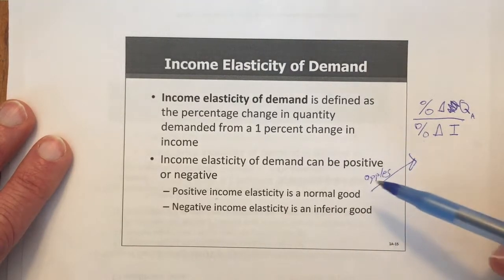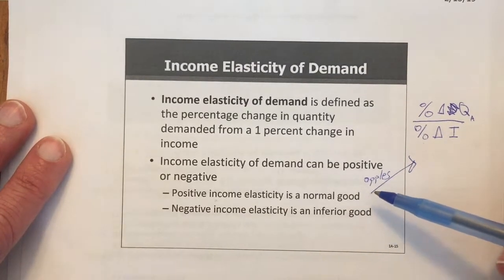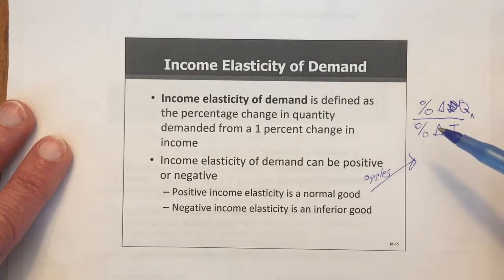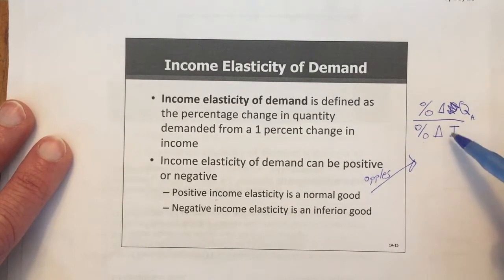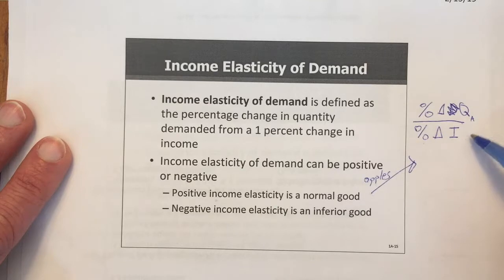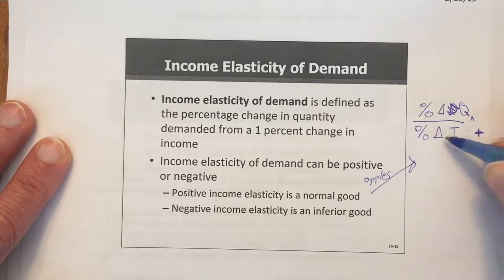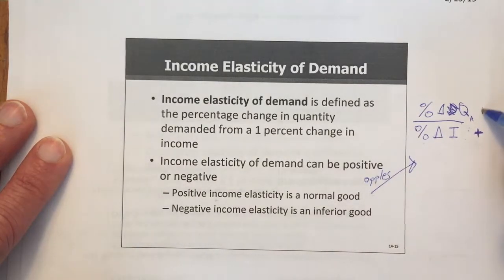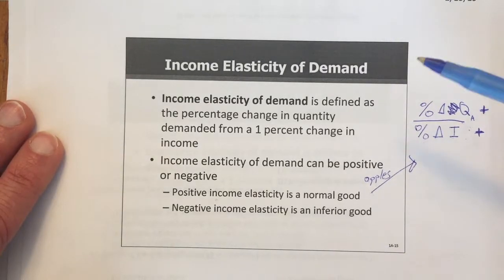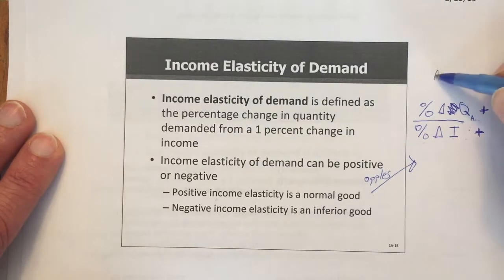For a normal good, as you receive more income, you will likely buy more apples. So as income goes up by, let's say, 1%, a positive change in income will result in a positive change in quantity demanded. So that's showing that the income elasticity of demand for apples is going to be positive.